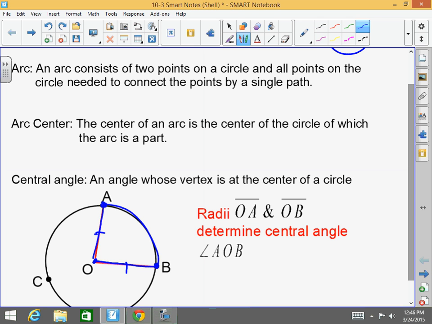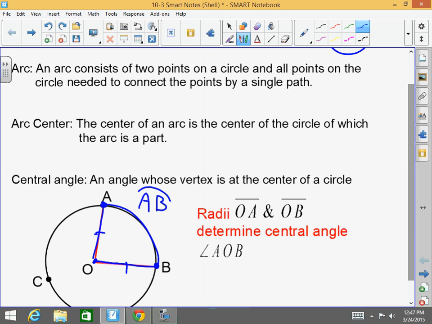How do I name an arc? We put the 2 letters and we put a little arc over it. Now there's a lot more to this than that, but we need to start with the basics.